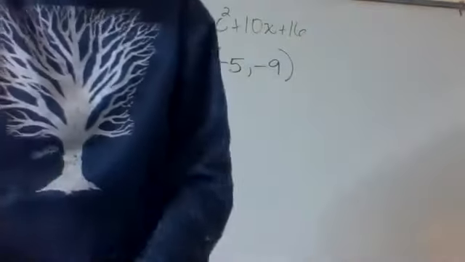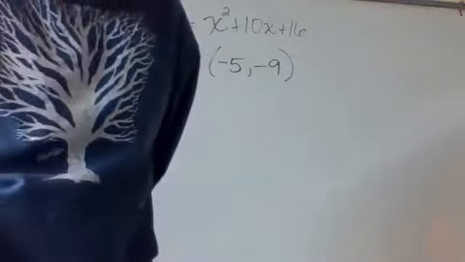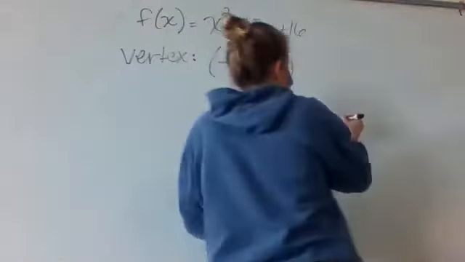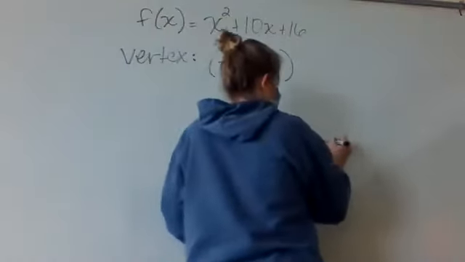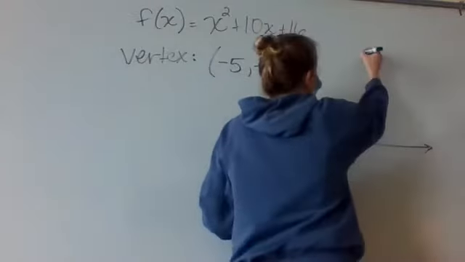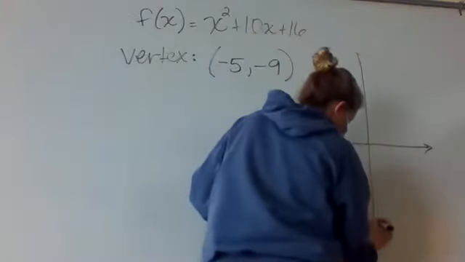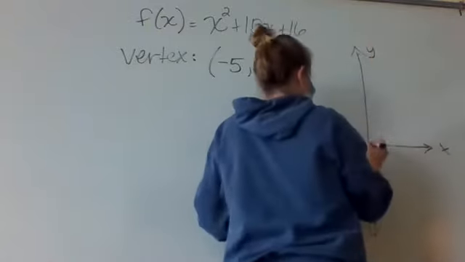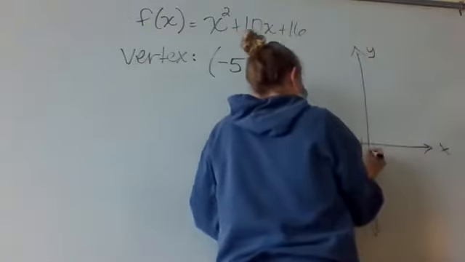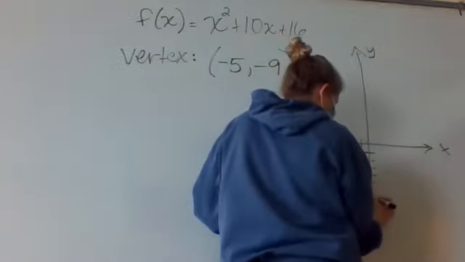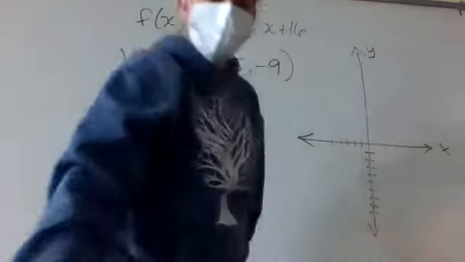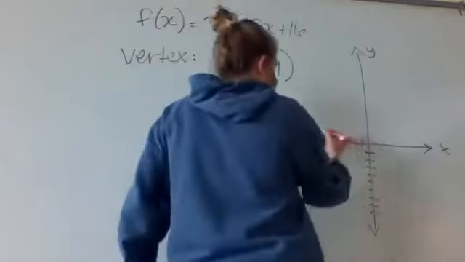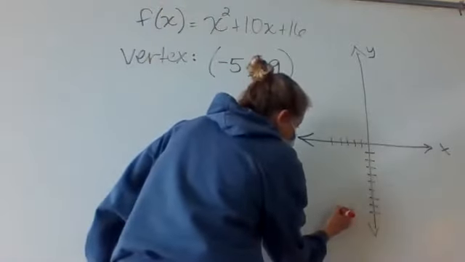Then it's going to ask you whether or not it has a minimum or a maximum value. So let's draw this one out. We're going to want to see it in just a second anyway for the rest of the problem. So here's my vertex at -5, -9.